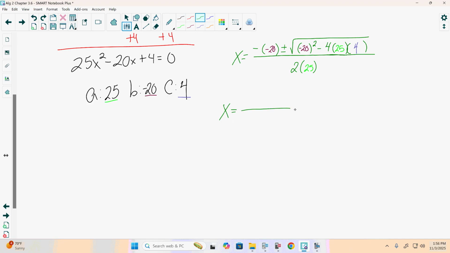Our negative, negative 20. The negative and negative make a positive, telling us that we have 20. On bottom, 2 times 25 is 50. Now we just need to calculate what negative 20 squared minus 4 times 25 times 4 is.